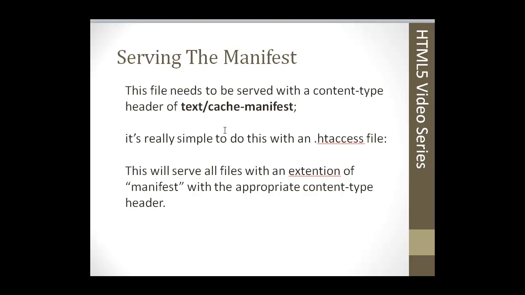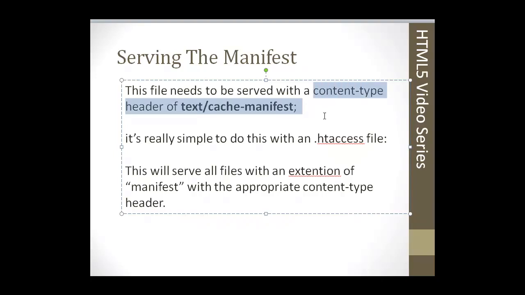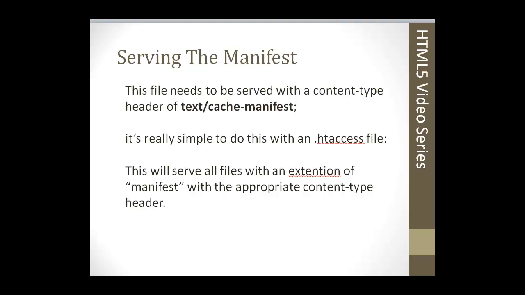It has to be a content type header of text/cache-manifest, and you would do this in your .htaccess file on your server. So you would just add this line here, and it'll serve all files with an extension of manifest or appcache, whatever you choose for your text file extension.